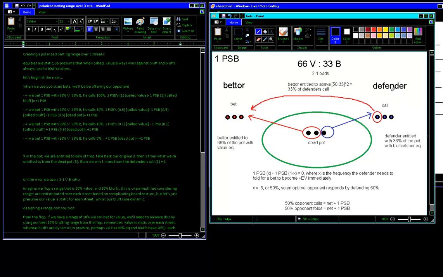So now we've got to figure out how often the defender needs to call once we give him 2-1. And this just takes a little algebra. So if we, as a better, bet pot and he folds, we win 1 pot.